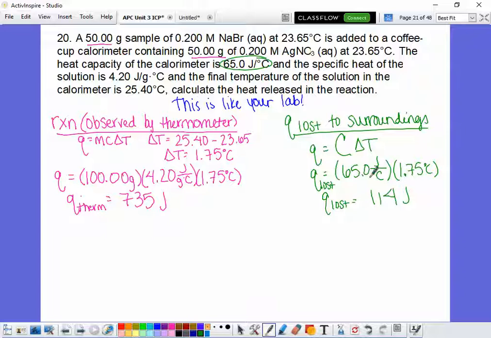Okay? So now, what do we do? Add them. Because this 114 joules was still produced by the solution. That's how much the calorimeter lost. That's how much more the thermometer should have observed. But it didn't, because it was lost through the calorimeter. So to find the total Q, we're just going to add them.